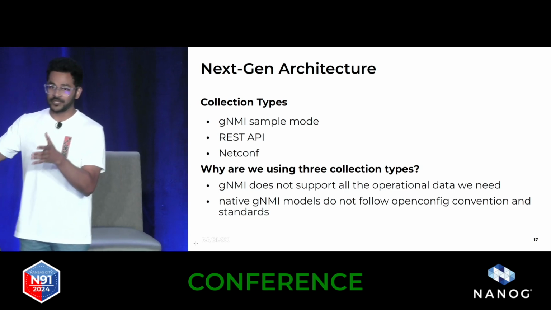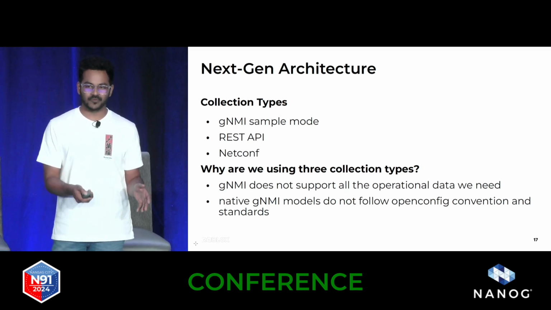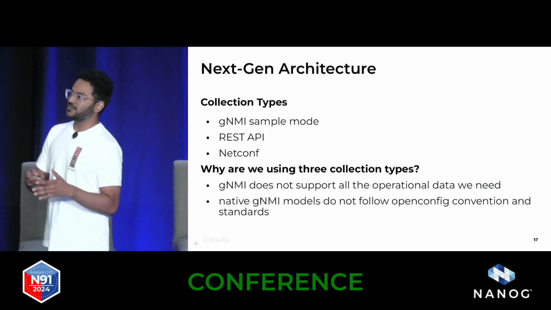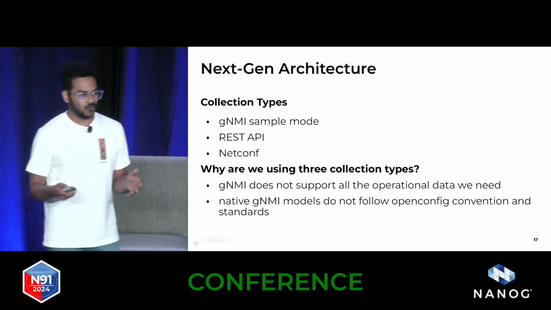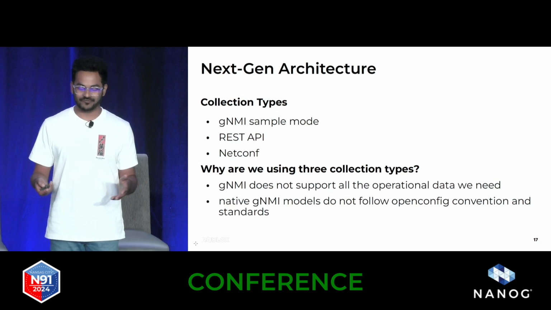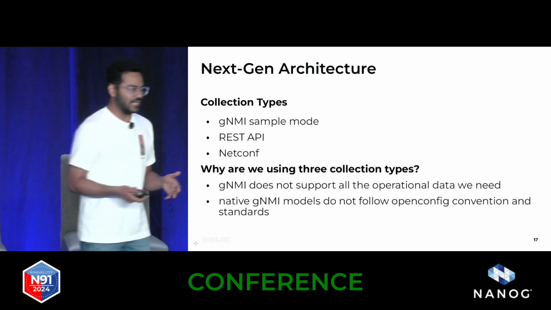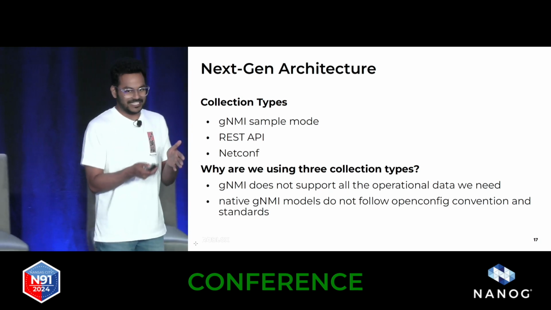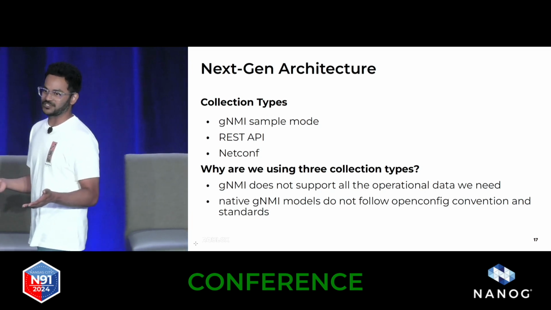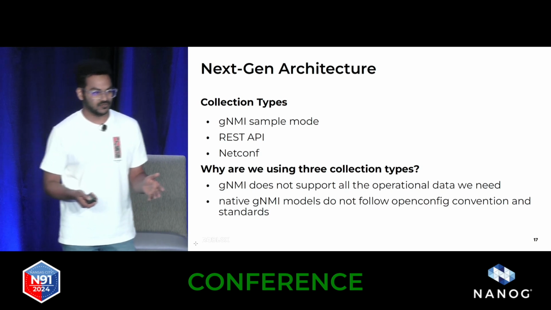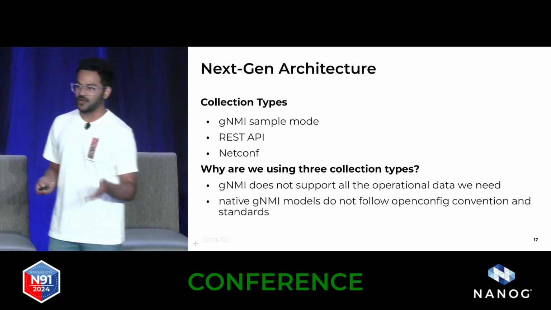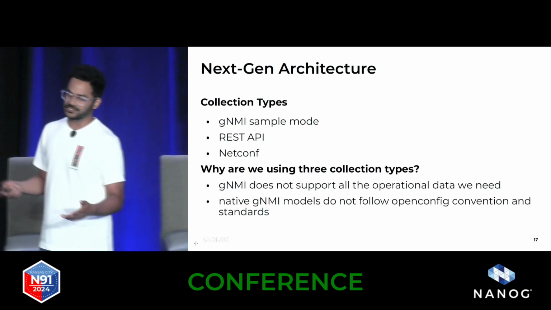So if GNMI OpenConfig doesn't support it, you will probably use the native GNMI path. It covered all the data that we wanted, but they were not following the OpenConfig conventions and standards. And we don't want to cater to each of these vendors. It's kind of defeating the purpose of GNMI. So we decided not to use native models at all, and we use REST API and NETCONF as a fallback mechanism if GNMI doesn't support it.